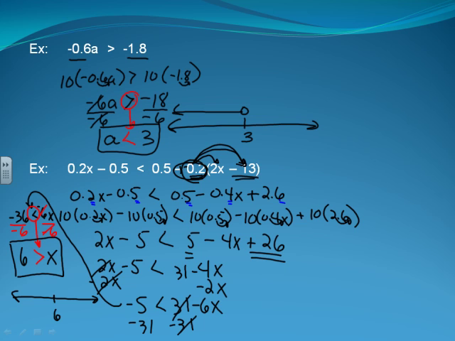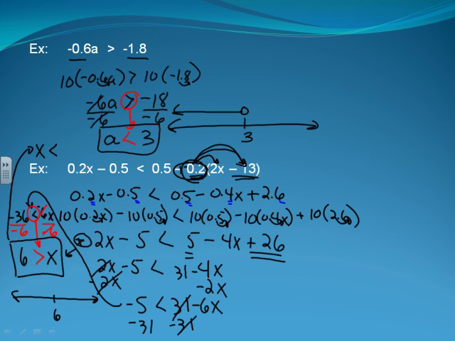And if that's confusing to you, what you can do is take that inequality and flip the whole thing over. Just make sure that the arrow always points to the same thing it's pointing to in your original solution. Okay? Here, notice that the inequality symbol is pointing towards the x. So if you flip that over and you want the x on the left-hand side, then the arrow still has to point to the x.